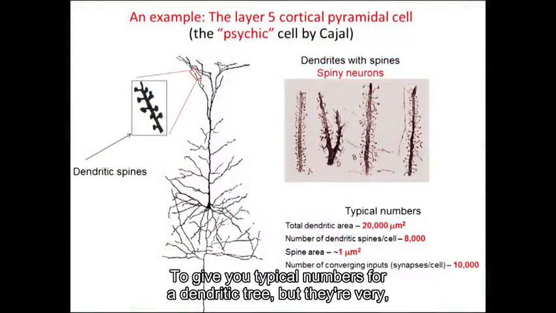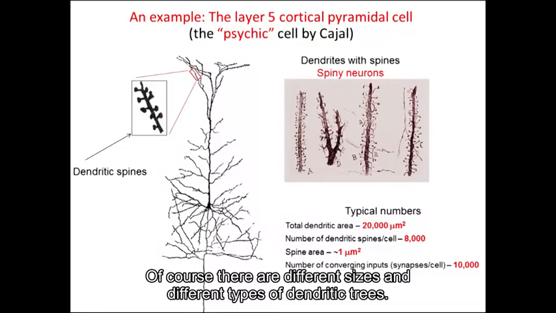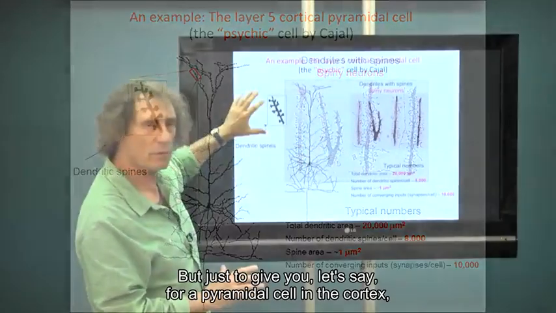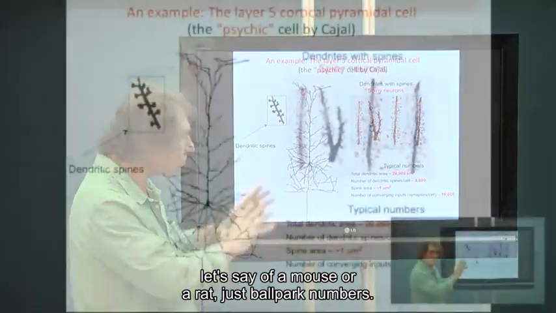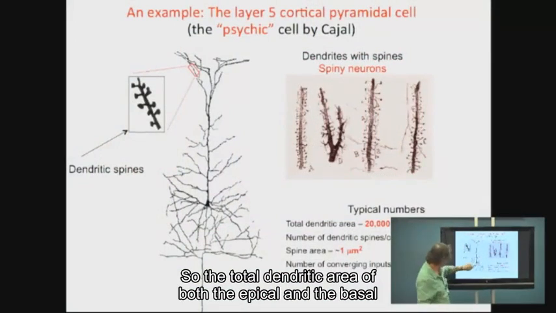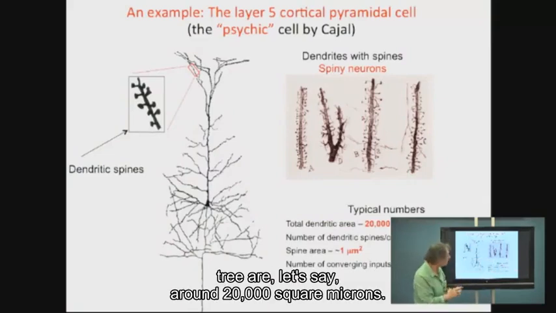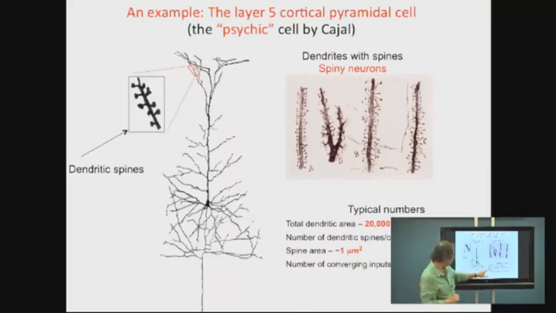To give you typical numbers for a dendritic tree, and they're very typical. Of course, there are different sizes and different types of dendritic trees, but just as ballpark numbers for a pyramidal cell in the cortex, let's say of a mouse or a rat: the total dendritic area of both the apical and the basal tree is around 20,000 square microns, the total membrane area of the dendritic tree.